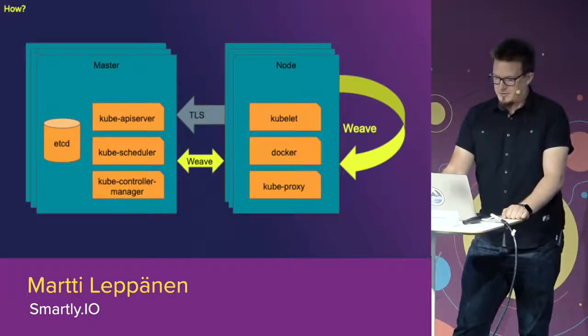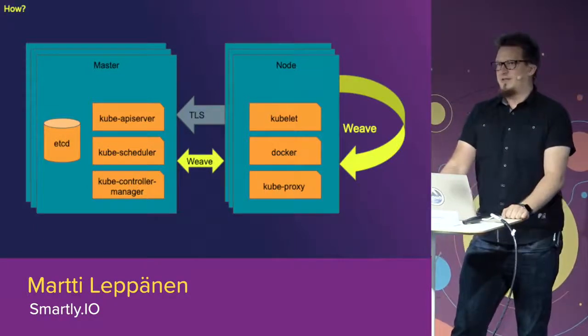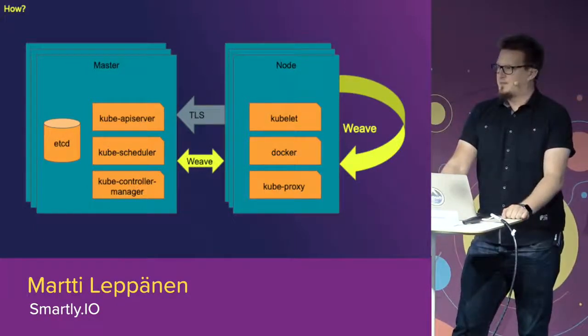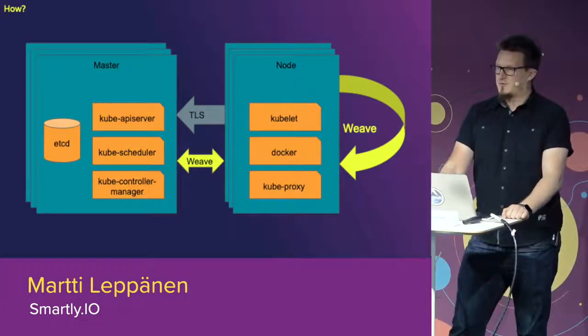Then, of course, you have to have the Kube API server, which is the part that listens to the internet and relays the commands you send to it to the rest of the Kubernetes system.